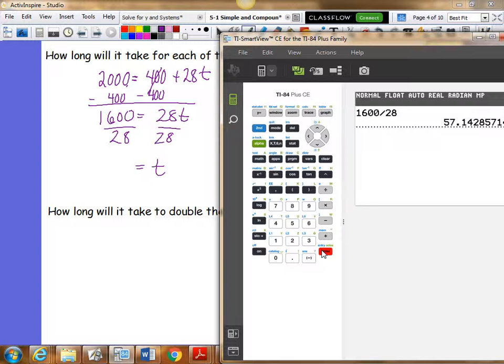However, rules of rounding would seem to make us round down, but if we round down, we won't make it to 2,000. It'll be under 2,000, so we're going to want to round that up. If we rounded to the nearest tenth, that would be 57.2. If we rounded to the nearest whole year, that would be 58 years. Again, rules of rounding seem like we should round down to 57, but we won't make it to 2,000 if we round down.